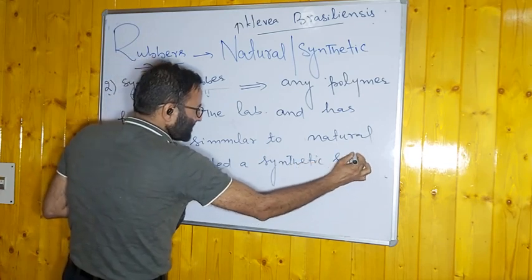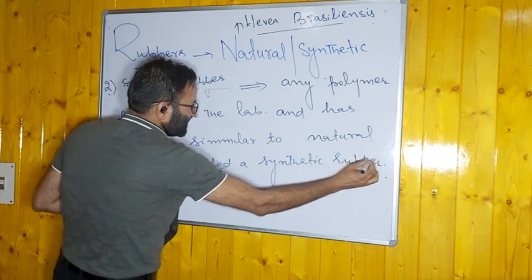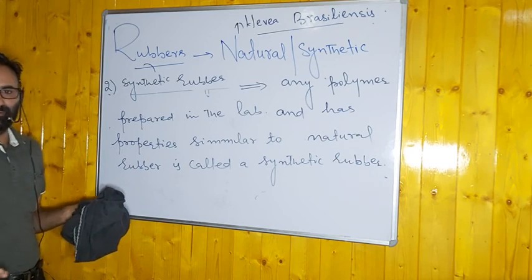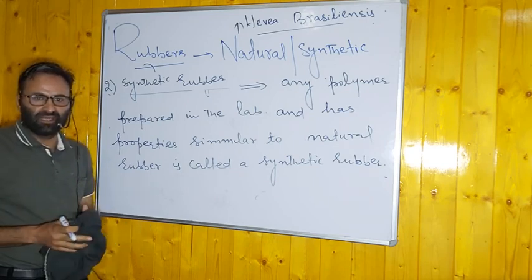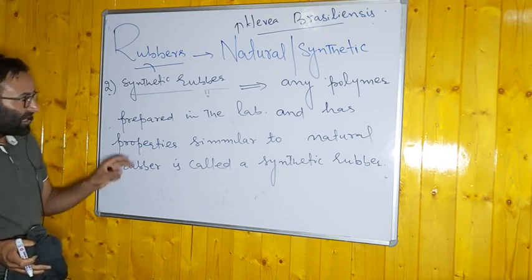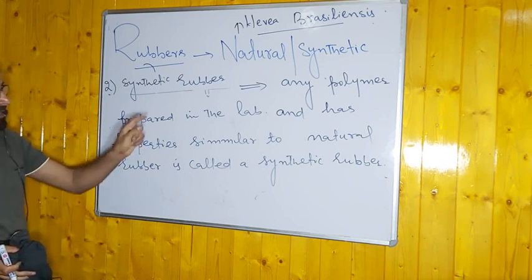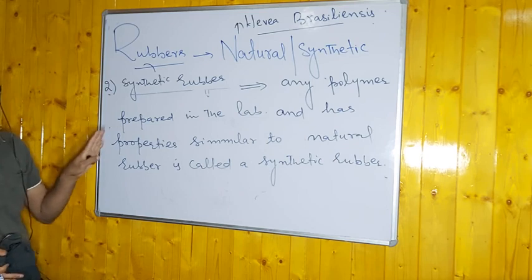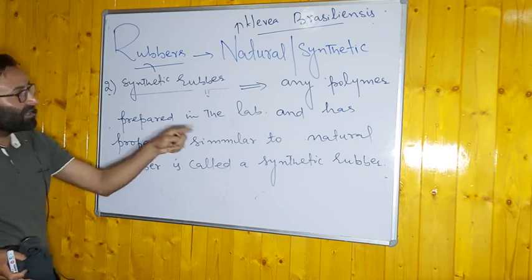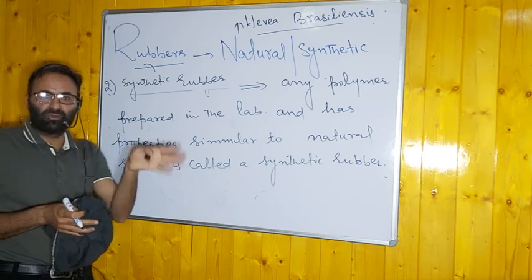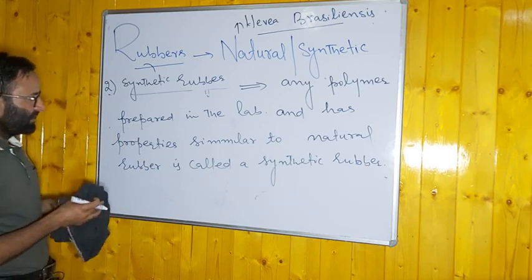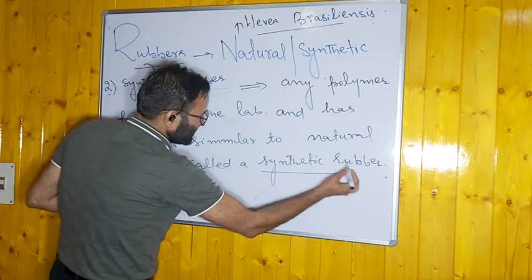This is the actual definition of a synthetic rubber. You can simply remember it as the rubber prepared in the lab or in the industries. But in polymeric terms, any polymer prepared in the lab that has properties similar to natural rubber will be named a synthetic rubber.